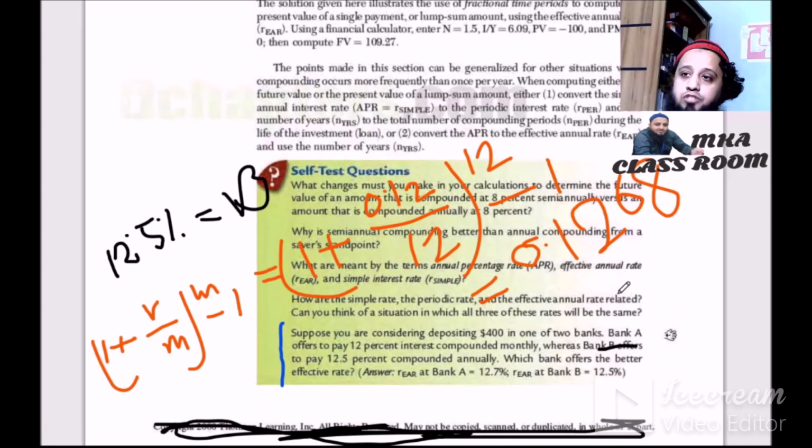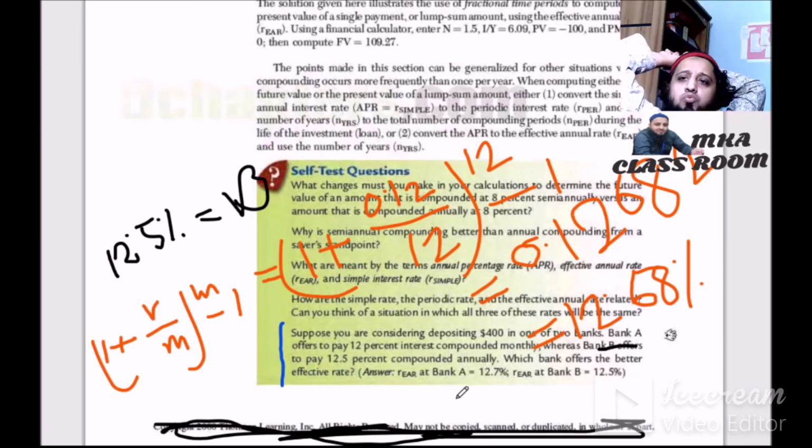That means 12.68%. So bank A will provide you 12.68% interest, whereas bank B will provide you 12.5% interest.